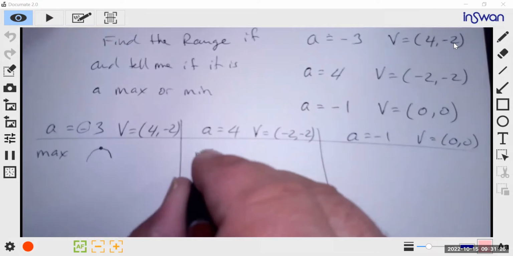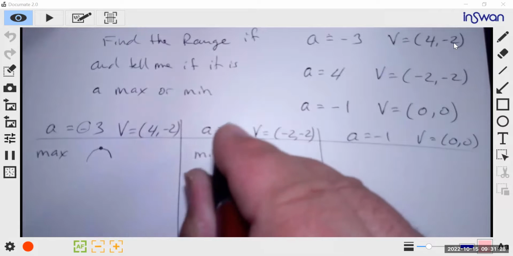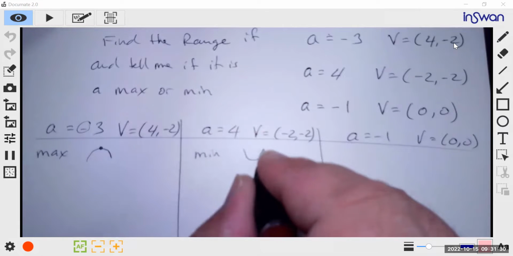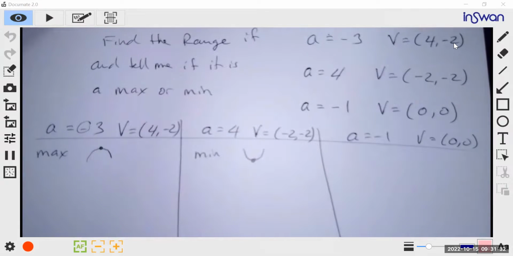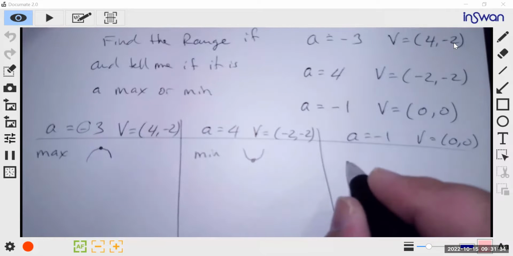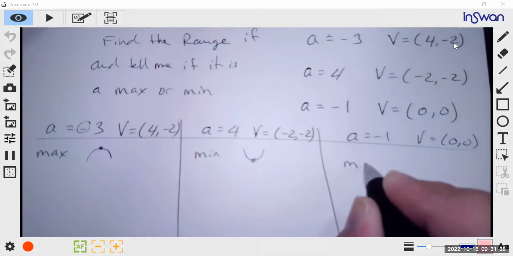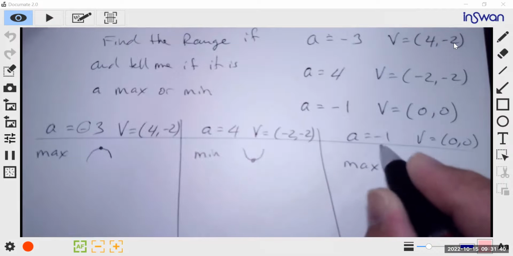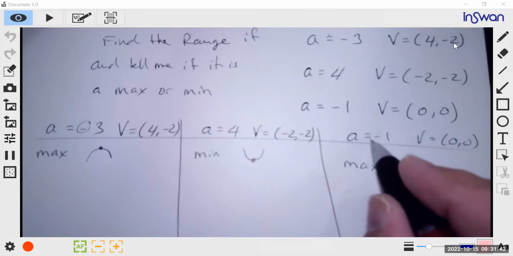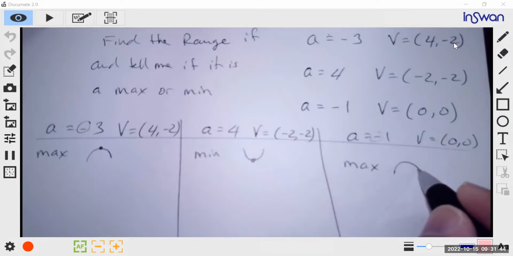It's a minimum. Because A is positive, which means it opens up, so we have a minimum. And the last one, it's a maximum because A is negative, it opens down.